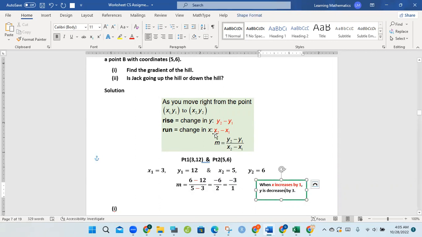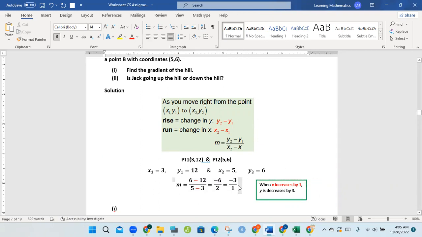So this ties in nicely now with part 2. It says, is Jack going up the hill or down the hill?